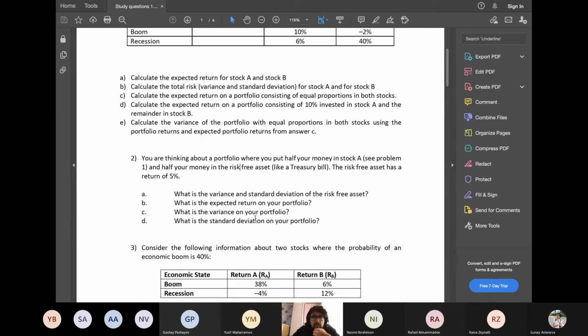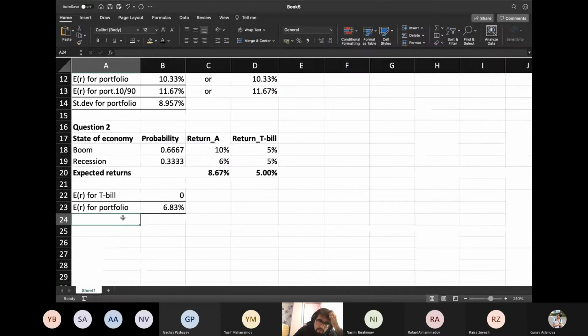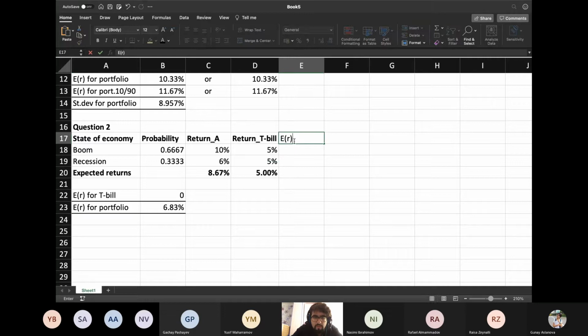Variance of the portfolio. In order to find variance of the portfolio, we should find firstly the expected returns for each state of the economy.